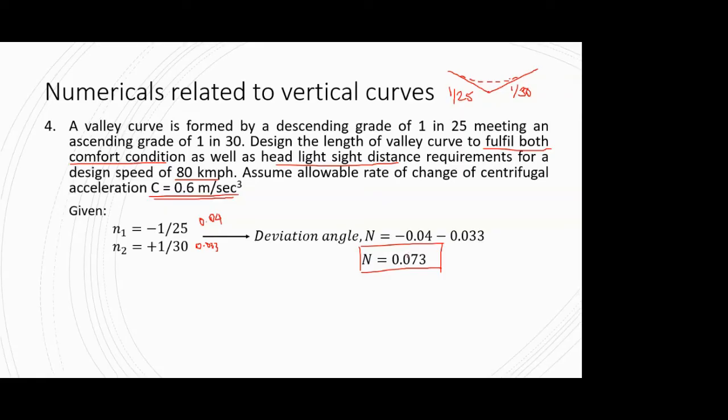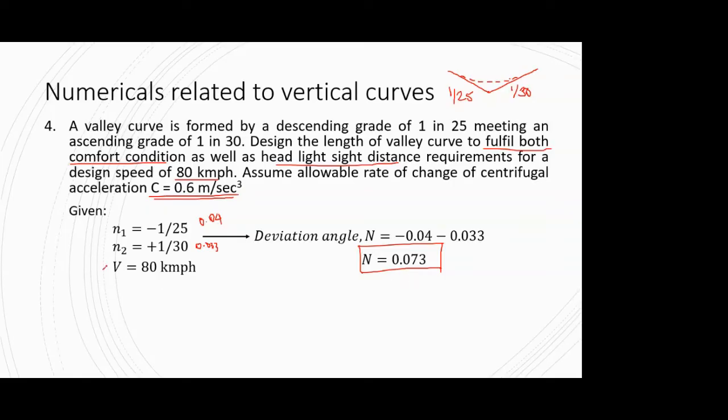So you have to only take the magnitude, ignoring the negative sign, but while doing the operation of algebraic difference, you have to consider that negative sign. That's the only place where you can go wrong, in the angle calculation.